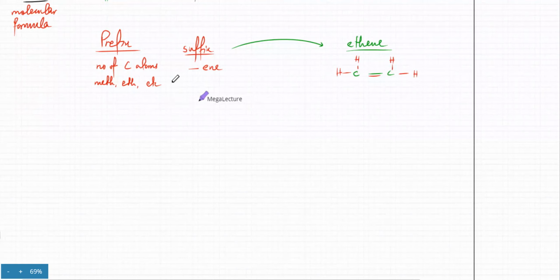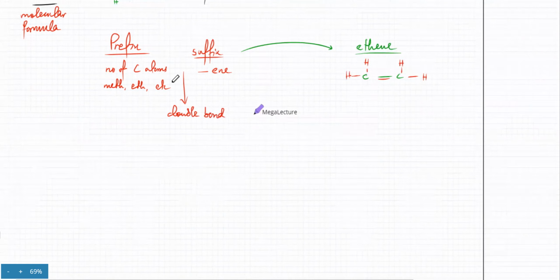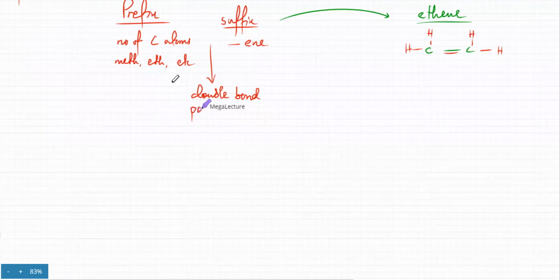Now, there's going to be one confusion, and that is, somewhere in the middle, the double bond position, like where the double bond is located, it has to be mentioned.